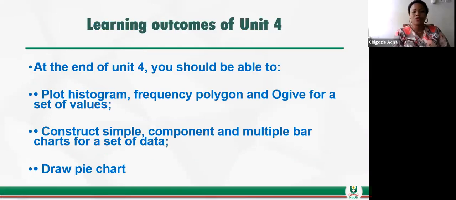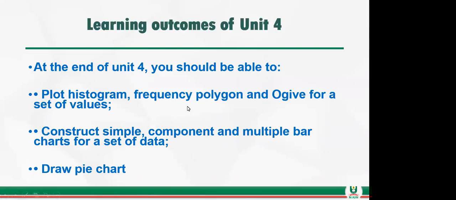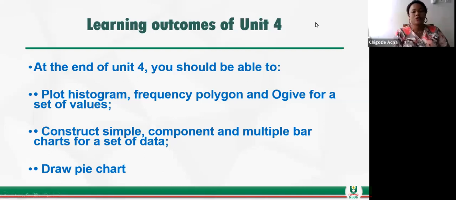At the end of Unit 4, you should be able to plot histogram, frequency polygon, and OGIVE for a set of values. You are also expected to construct simple, component and multiple bar charts for a set of data, and finally, know how to draw a pie chart.